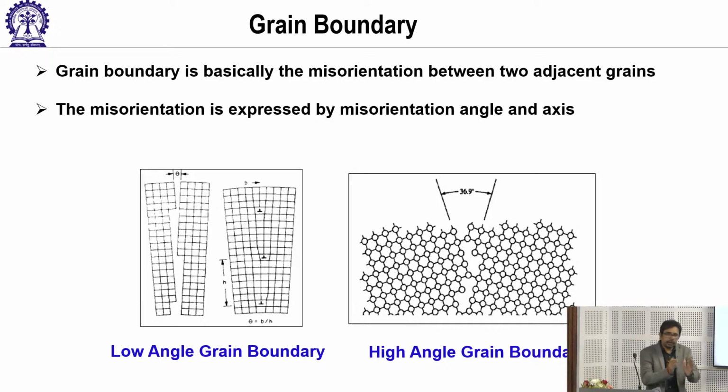So while talking about CSL boundaries, we ignore the remaining 2 degrees of freedom which come from the plane, and we only consider the misorientation, and thereby we take care of only 3 degrees of freedom, right. So while talking about CSL based grain boundary engineering, we have to keep in mind that this is a simplistic approach, right, and of course there will be some limitation on that.